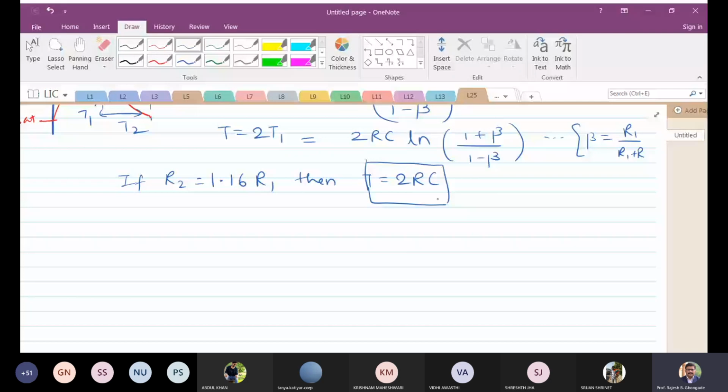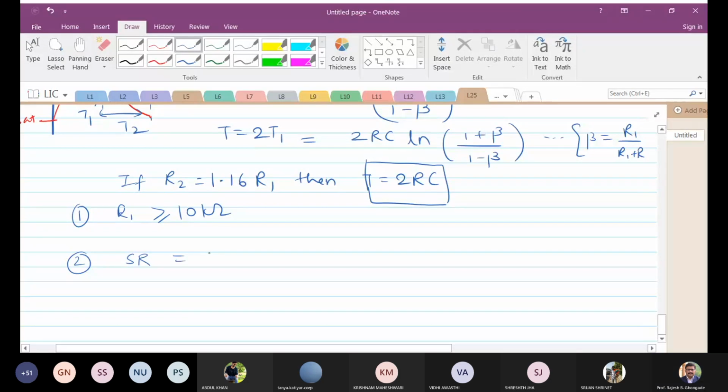Both we have seen. Okay. There are some things which we have to take into consideration while designing this particular circuit. Number one, generally select R1 to be greater than or equal to 10 kilo ohms. We already know the reason why. And two, you have to find out the required slew rate as 2 pi FO Vp divided by 10 to the power 6 volts per microsecond. Do you remember what a slew rate is?